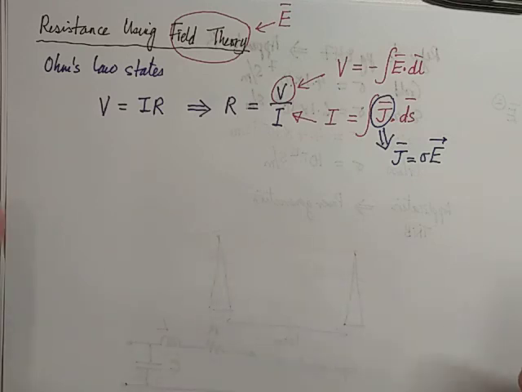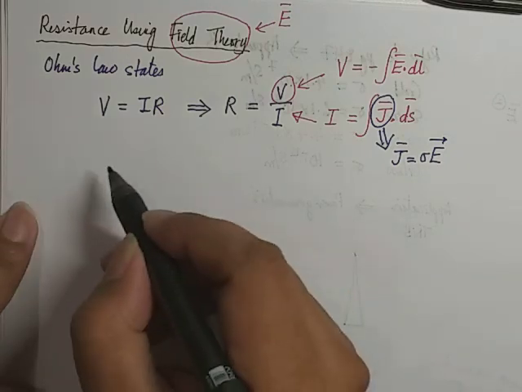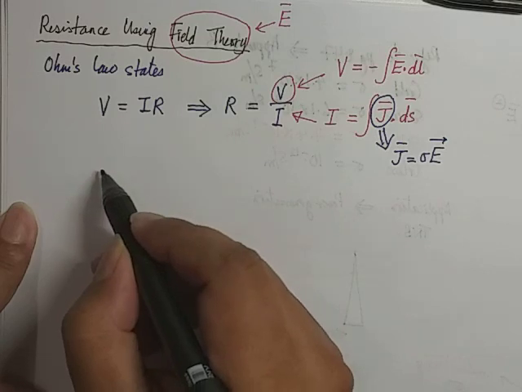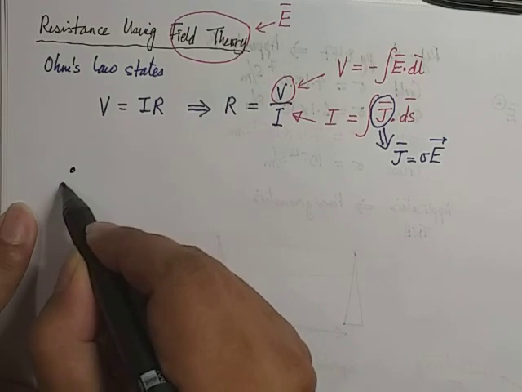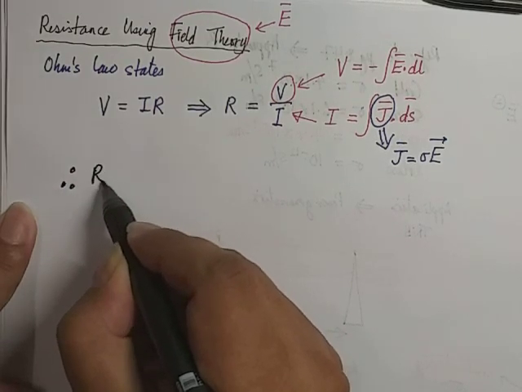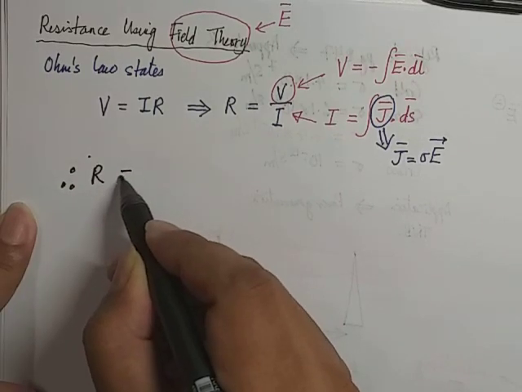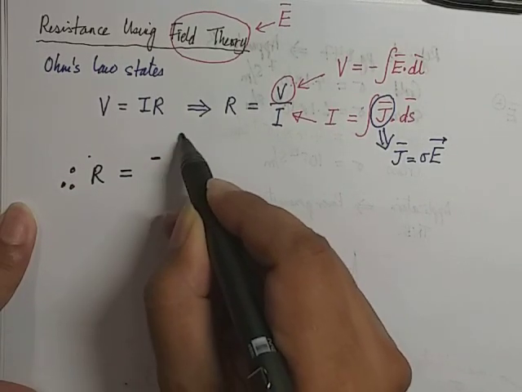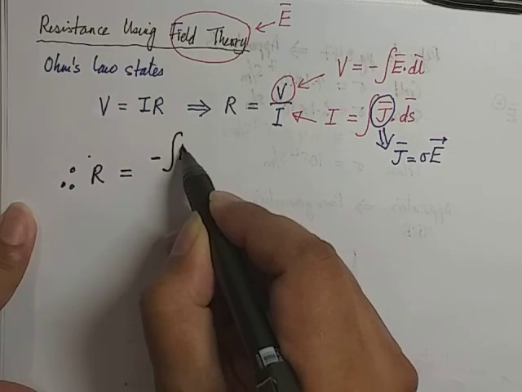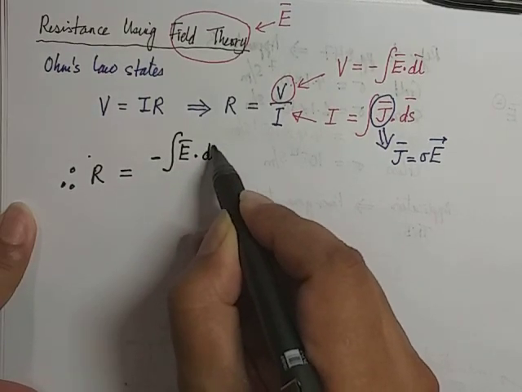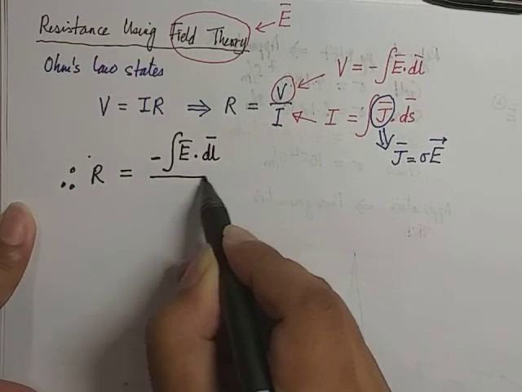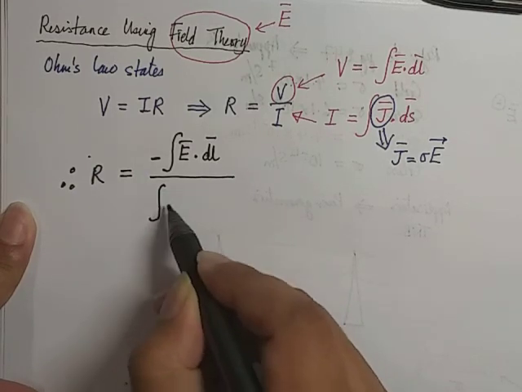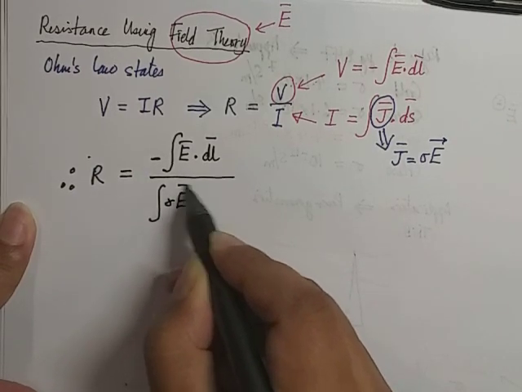So the actual equation that we need to use, using field theory, is that the resistance R, which is not a vector, is equal to minus the integration of E dot dl, divided by the integration of sigma E dot ds.